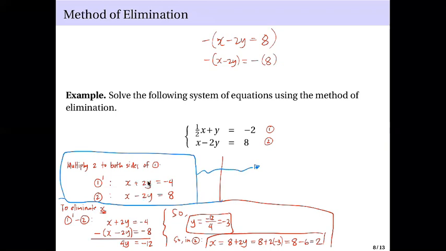So we can eliminate the variable y by, instead of subtracting, adding them. So to eliminate y instead, what we're going to do is add equation 1 and equation 2.